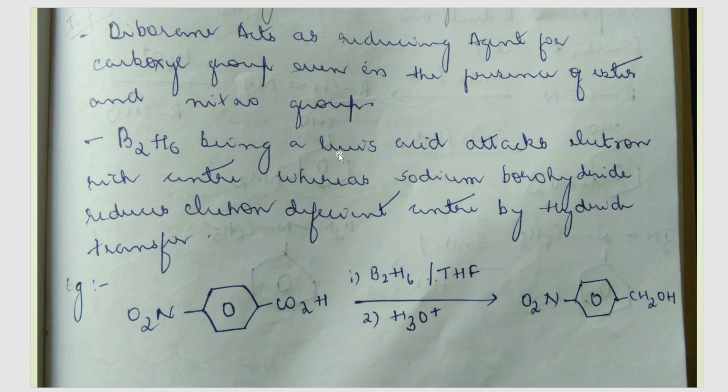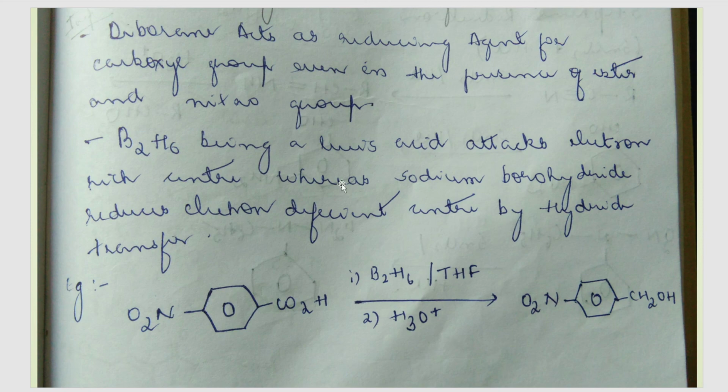So B2H6, being a Lewis acid, attacks the electron rich center, because it is electron deficient. Whereas sodium borohydride, how does it attack? It reduces the electron deficient center by hydride transfer mechanism.